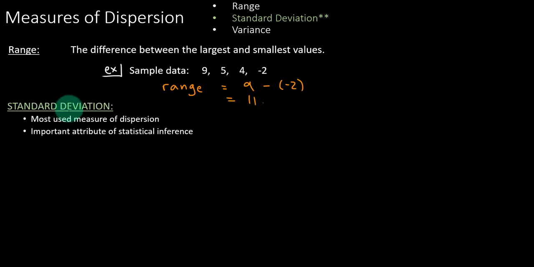Standard deviation is an important attribute of statistical inference that we will see over and over again in the later sections of our course. And it's probably the most commonly used measure of spread in a data set. And we'll kind of dissect what goes into standard deviation. There are two versions. There's a population version and a sample version.